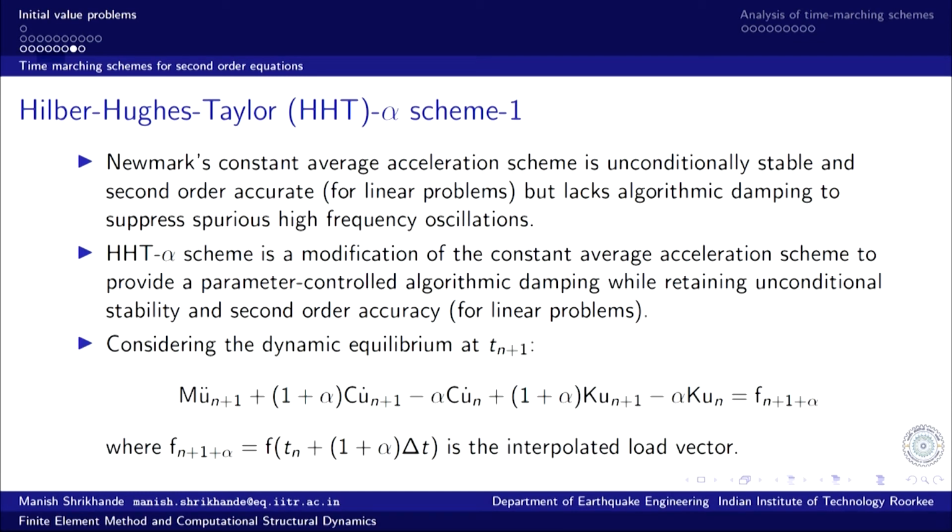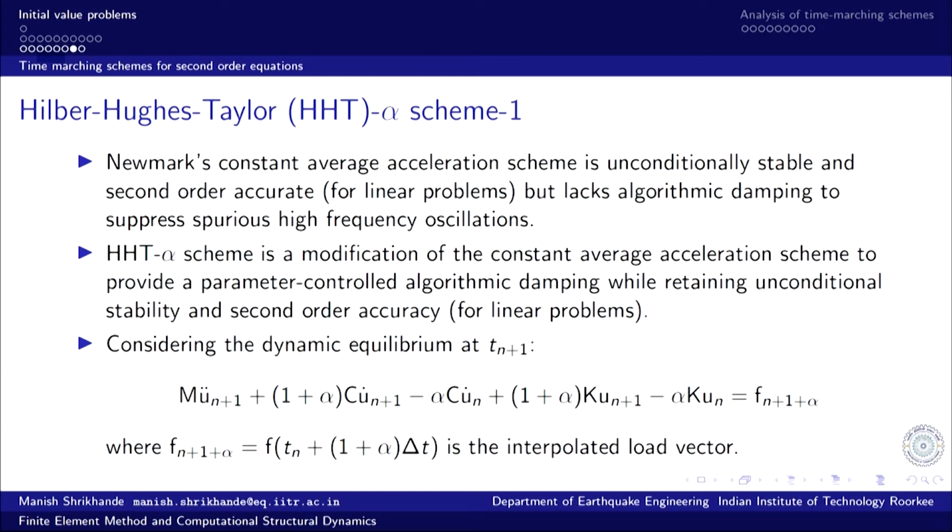Similarly, the construction of the alpha parameter is similar to the over relaxation scheme. It is based on the linear combination of damping terms at the n plus 1th time instant and nth time instant, and the displacement terms at the n plus 1th time instant and nth time instant, and again this forcing function is an interpolated load vector.